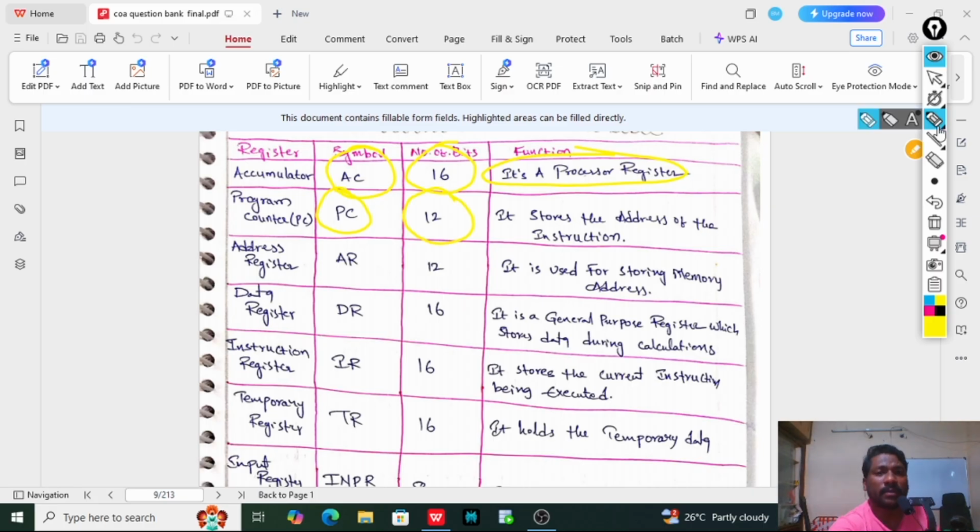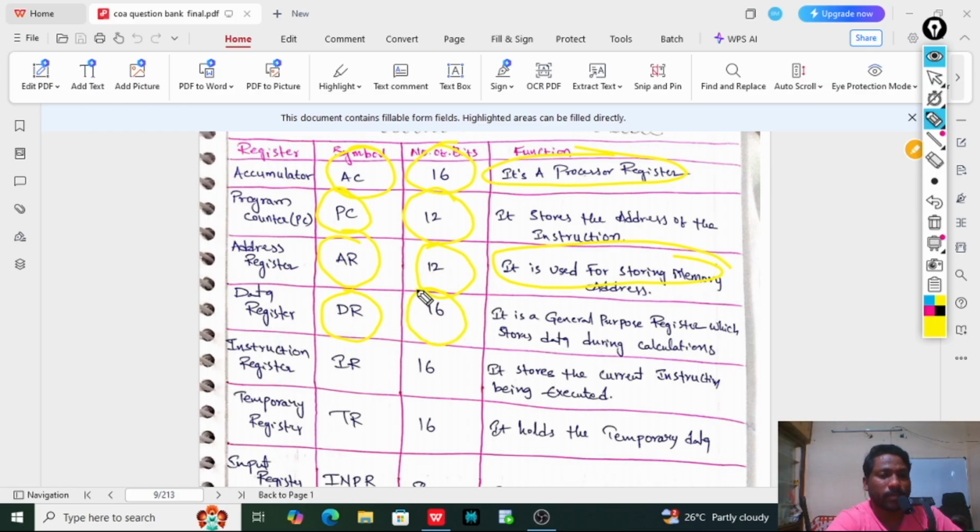Okay. Next, the third one is AR. AR means address register. It is used to store the address of a particular data. All these registers we will discuss in detail in the future. It is a 12-bit register. And DR means data register, which is 16 bits.